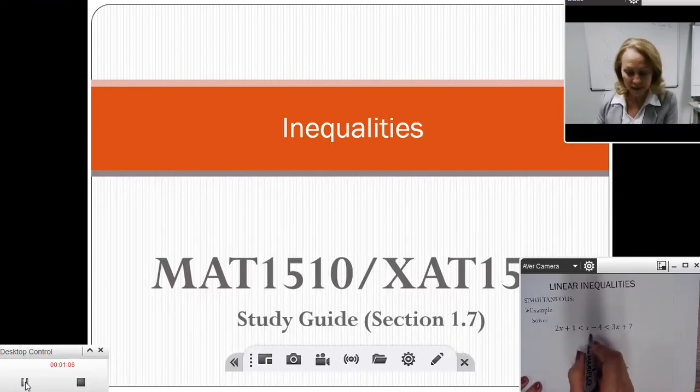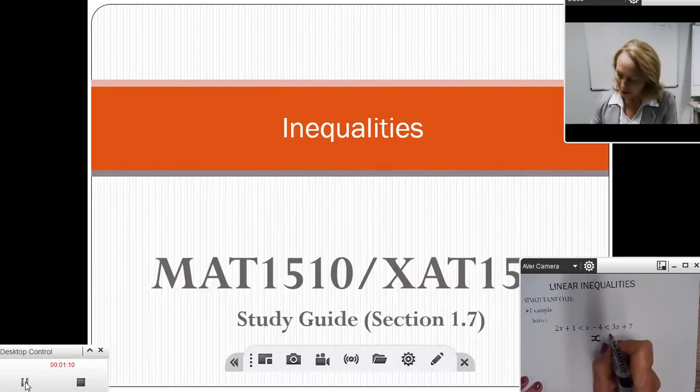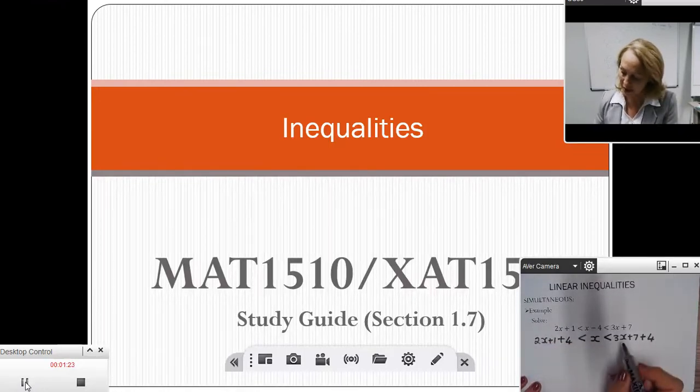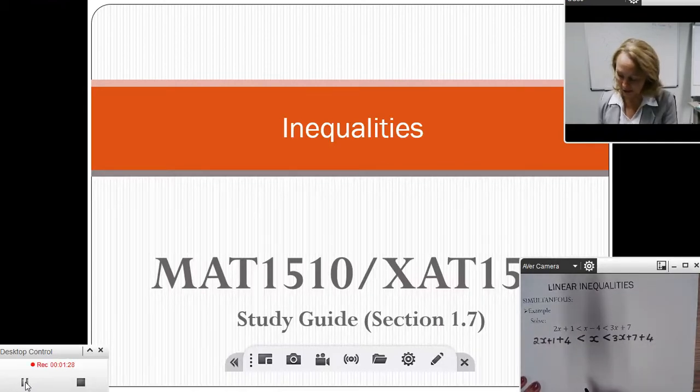Right, now we see that there's a minus 4 there, so let's start off then by adding this 4 to the two outer terms. So we get 2x plus 1 plus 4 on the left side, and we get 3x plus 7 plus 4 on the right hand side.